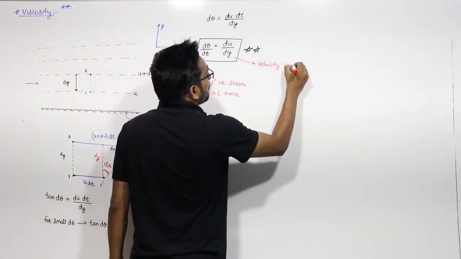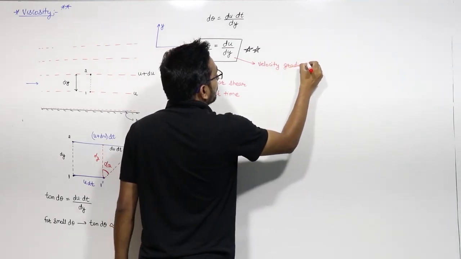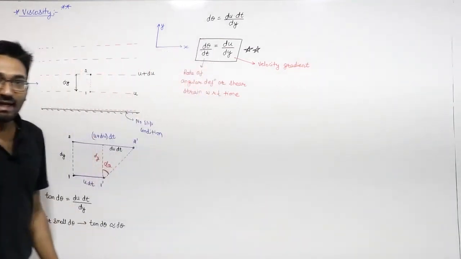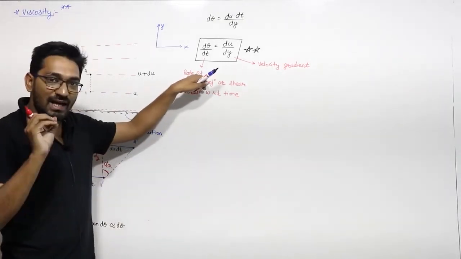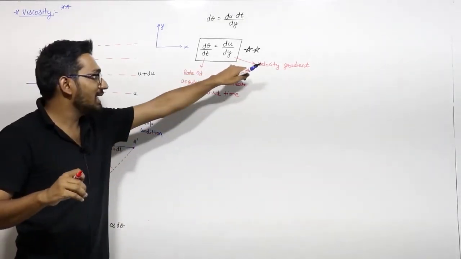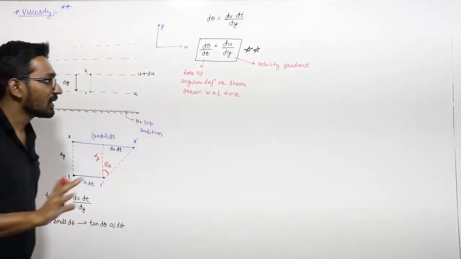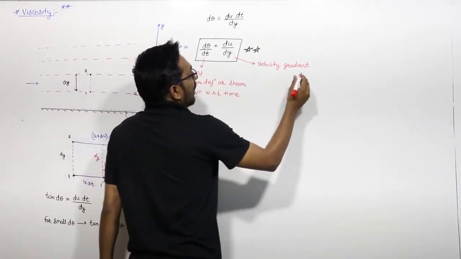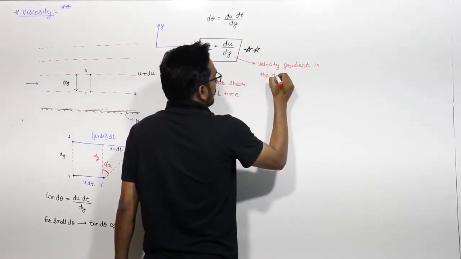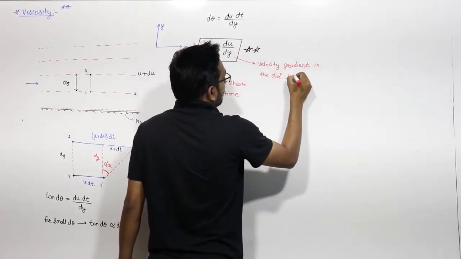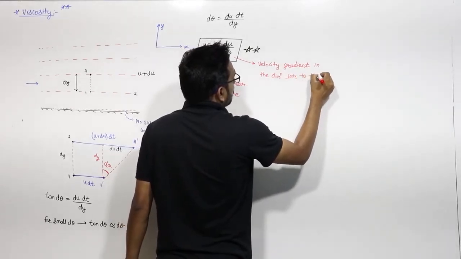If somewhere you heard the word gradient, gradient means with respect to distance, and rate always means with respect to time. So du by dy is the velocity gradient in the direction perpendicular to the direction of flow.